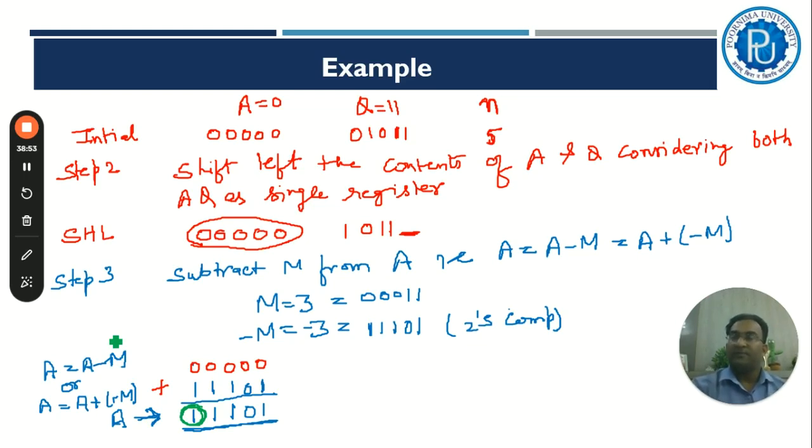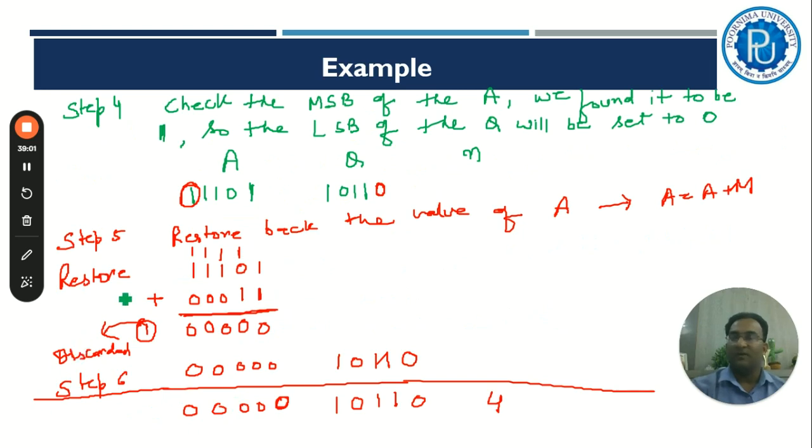Now, if after doing the subtraction the accumulator is holding a negative value, we have to restore that value back. Whenever we got a negative accumulator in the third step, the subtraction, we restored back. In pass number 1 we had the negative value.